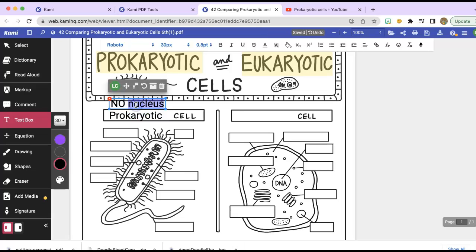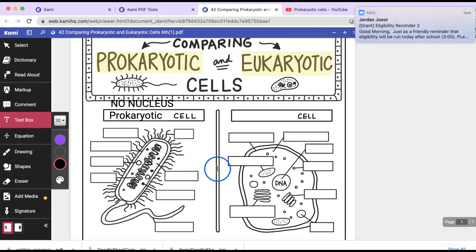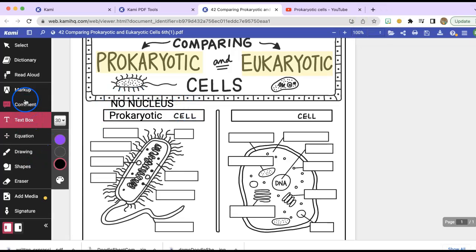I said all caps, didn't I? No nucleus. Has no nucleus. Now, it does have DNA, but it does not have a nucleus like a circle shape with DNA inside of it. We'll talk about that in a little bit more detail in just a second.